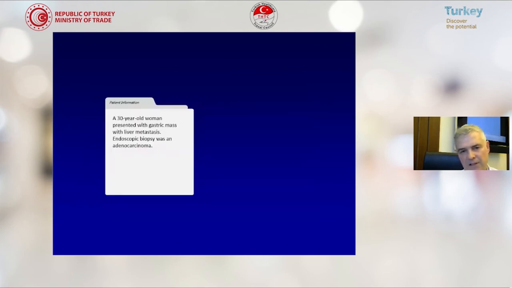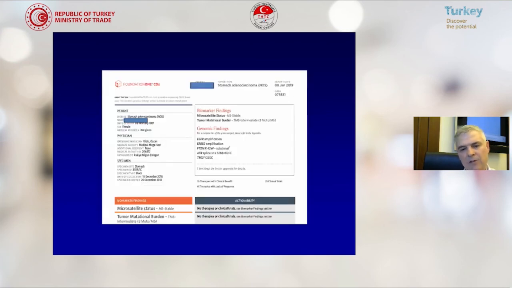This is another patient, a 30-year-old woman with gastric mass and liver metastasis. Endoscopic biopsy was an adenocarcinoma. This patient actually had a biliary tract carcinoma. So this patient has EGFR amplification and ERB2 amplification.